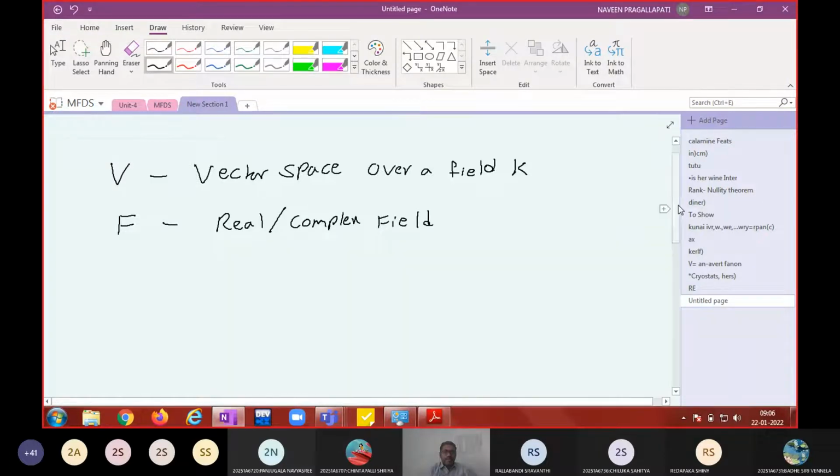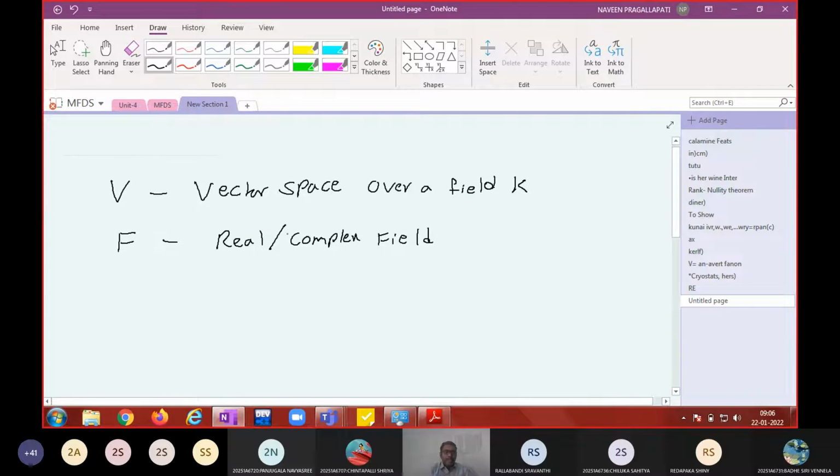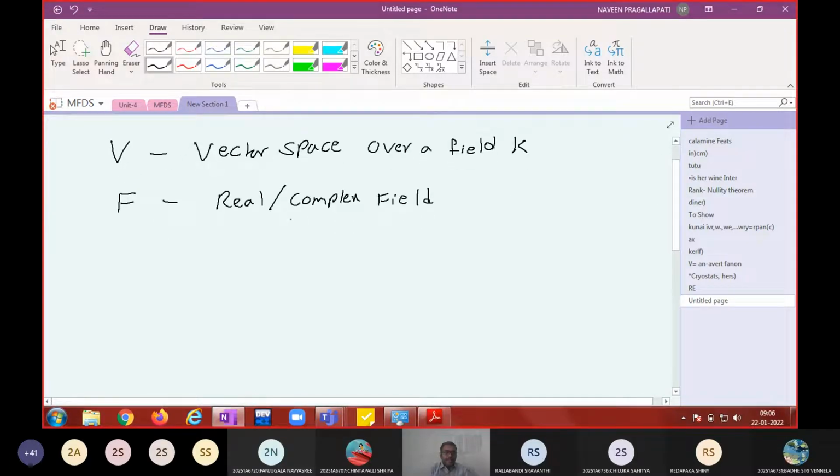And what is an inner product? An inner product is a mapping from V cross V to this field, real or complex.